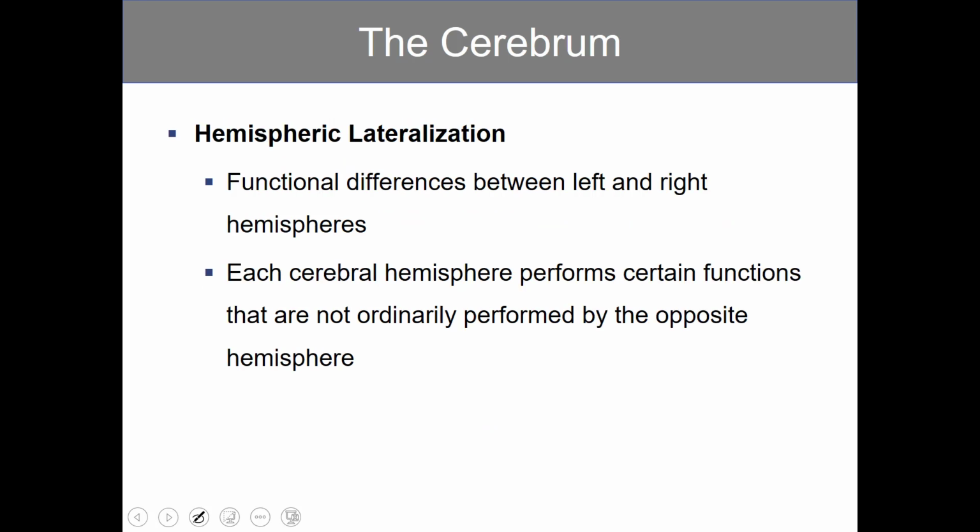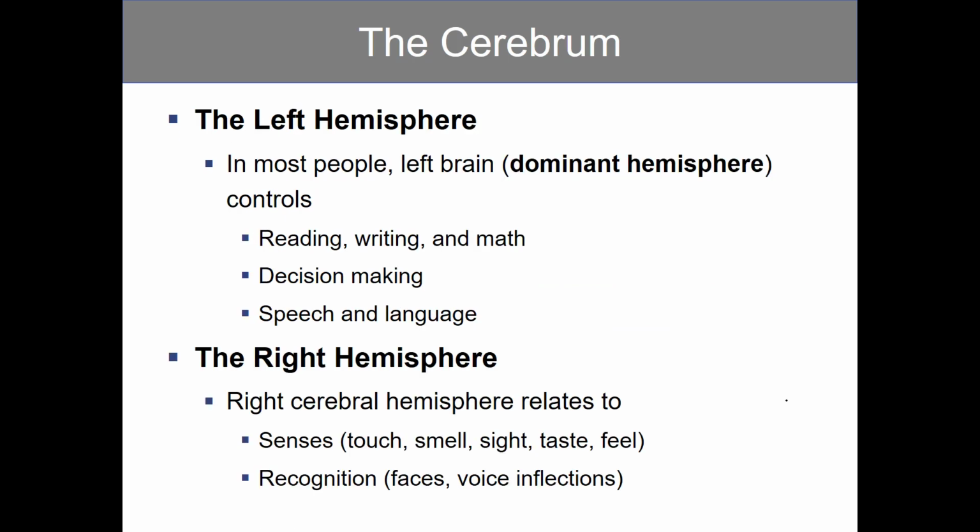Hemispheric lateralization. There are functional differences between the left and right hemispheres. Each cerebral hemisphere performs certain functions that are not ordinarily performed by the opposite hemisphere. The left hemisphere, which is dominant in most people, controls reading, writing, math, decision-making, speech, and language, while the right hemisphere is more touchy-feely.